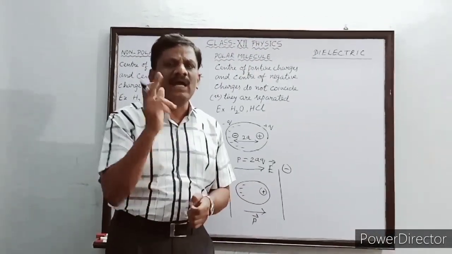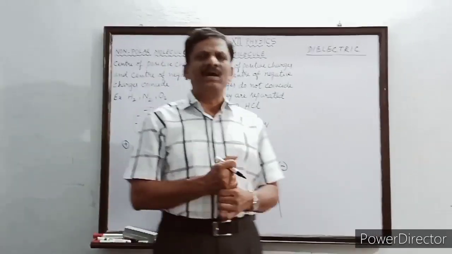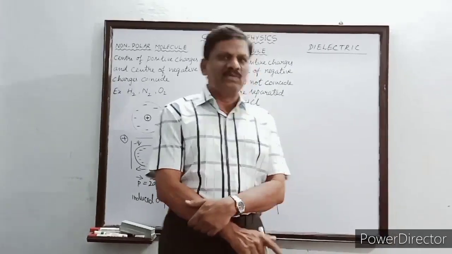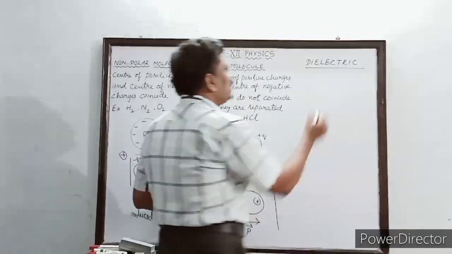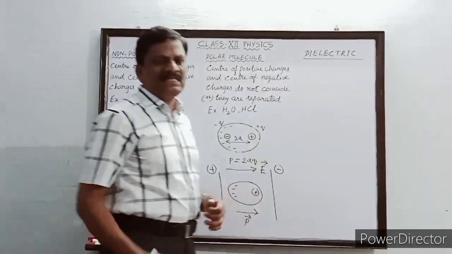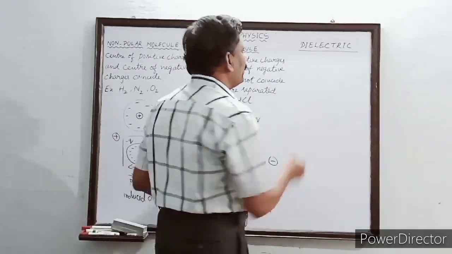Now, what will happen if such a material, a rectangular slab of an insulator, is placed inside an electric field? Let us see now. In terms of a dielectric, we are going to explain an insulator placed inside an electric field. What is meant by a dielectric?